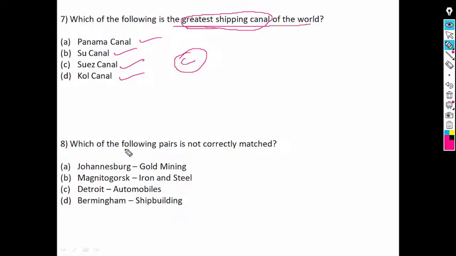We'll discuss this one. Then, which of the following pairs is not correctly matched? Johannesburg gold mining, Magnitogorsk iron and steel, Detroit automobiles, Birmingham shipbuilding. You have to see this one.